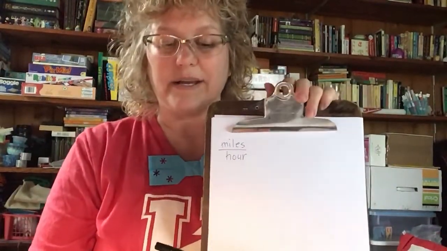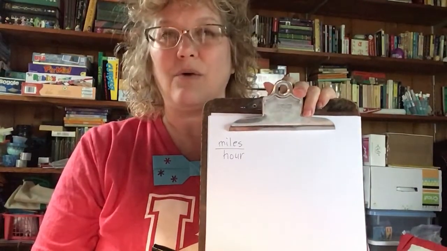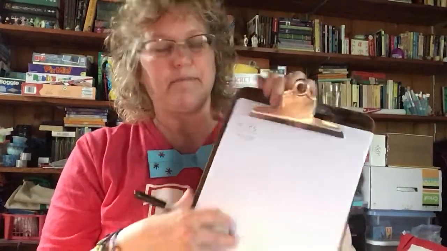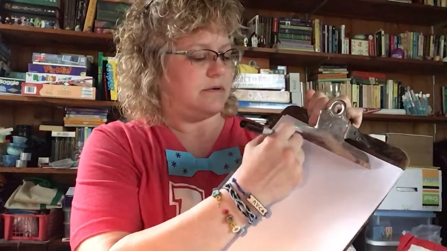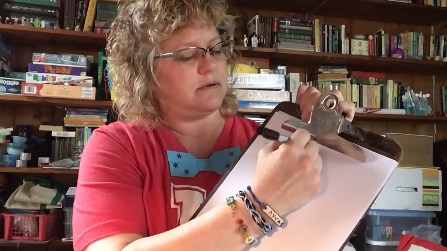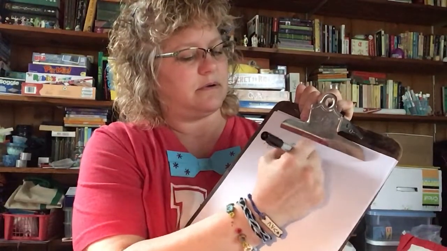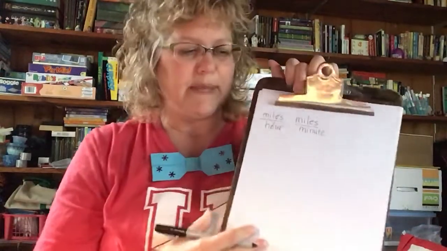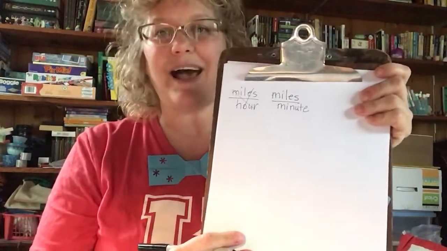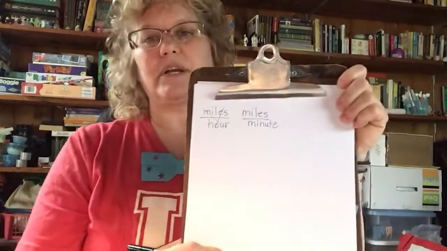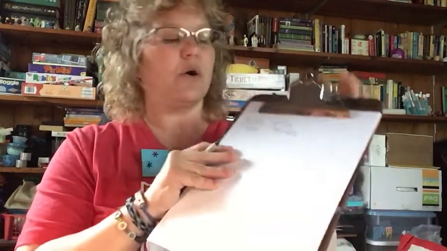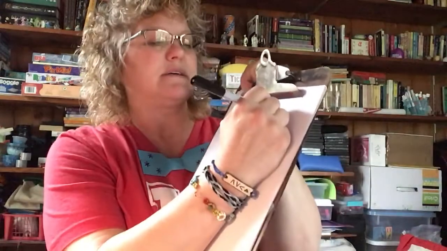So in this one, she is not going in an hour. She's just going in a minute. So I need to know how many miles per minute that she can go. And actually, in the problems that we're going to do today, it doesn't matter if you do it miles over minutes or minutes over miles.